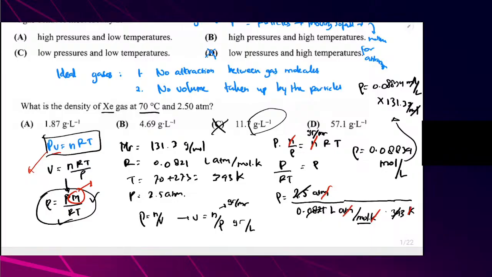So just remember, we can use just PV equals nRT.